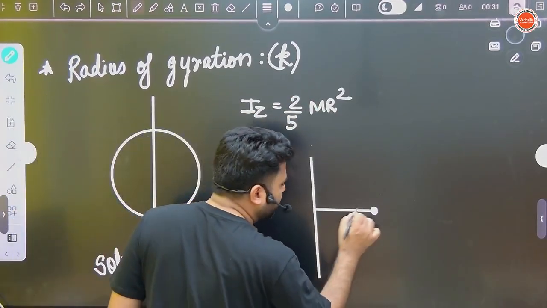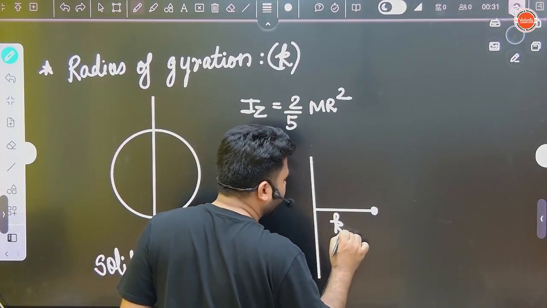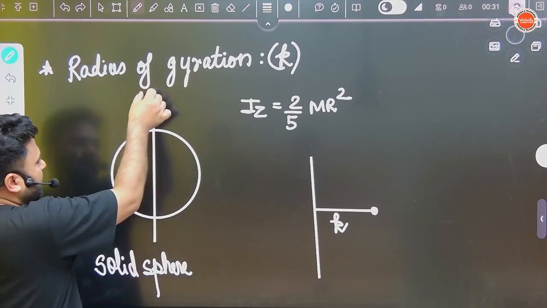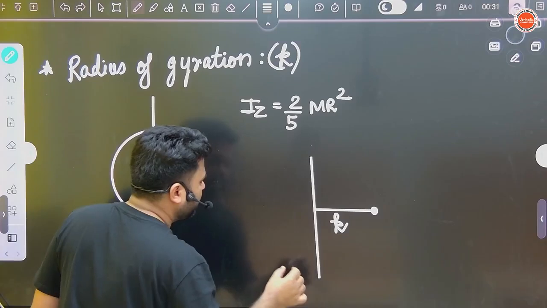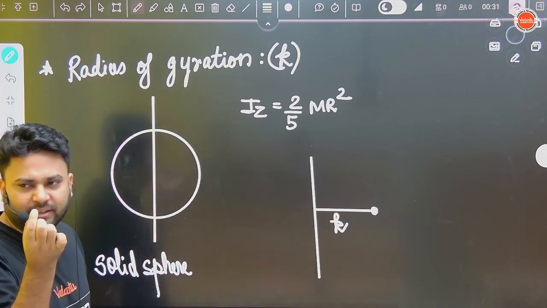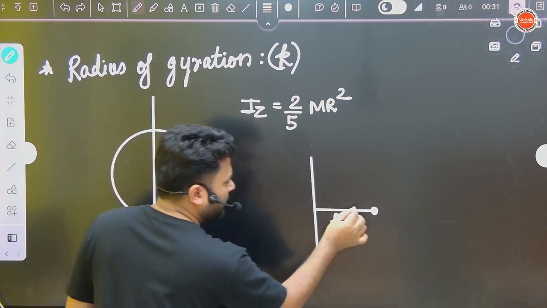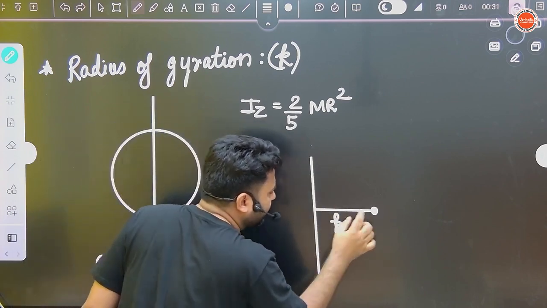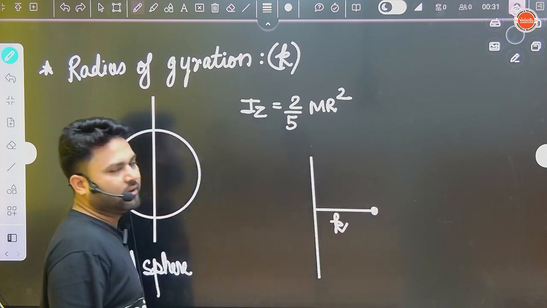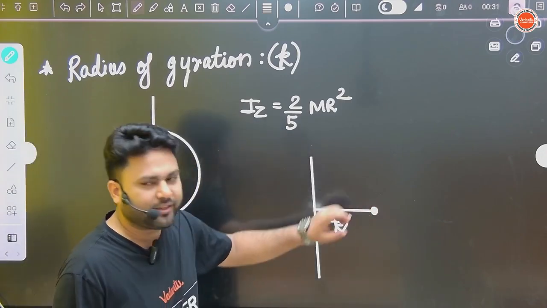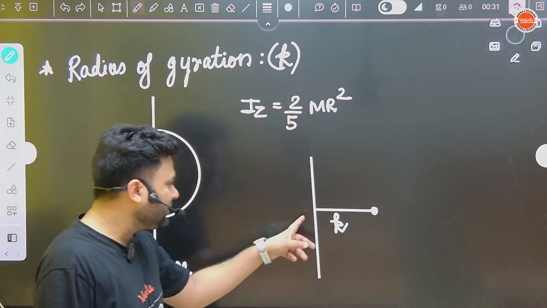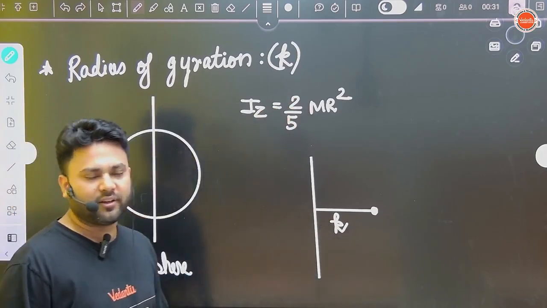This distance from the axis is called radius of gyration. Again I am saying, if we take the same axis and assume that this solid sphere is a point mass, then at what distance from this axis should we keep this point mass so that we get the same moment of inertia? So this distance is called radius of gyration.